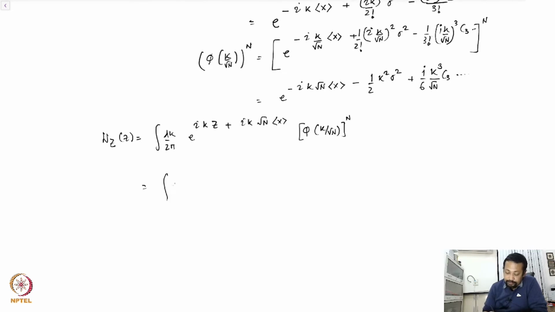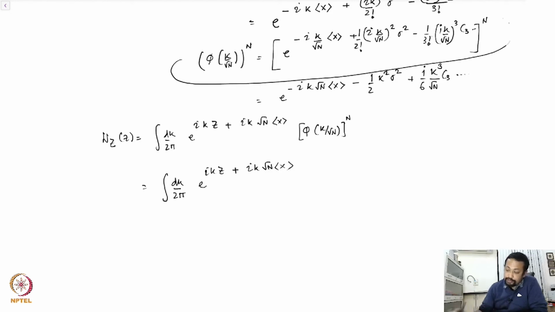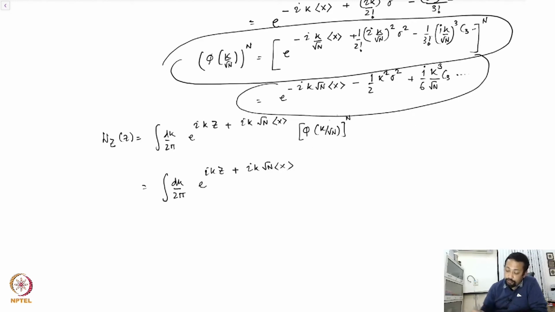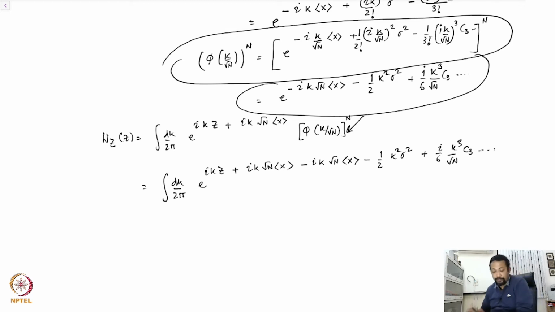I substitute the expression into this, and write it as square root n times average x minus half k square sigma square plus i over 6 k cube over square root n c3, then higher order terms. Of course, this and this cancel out.